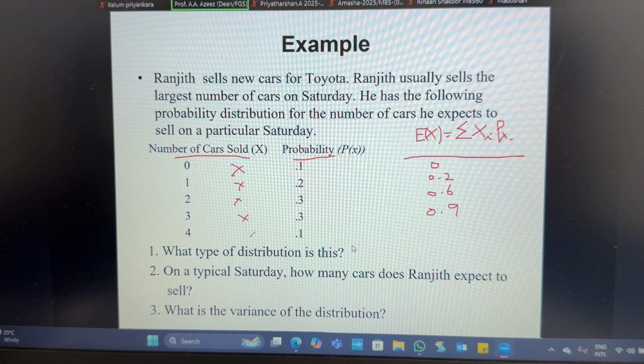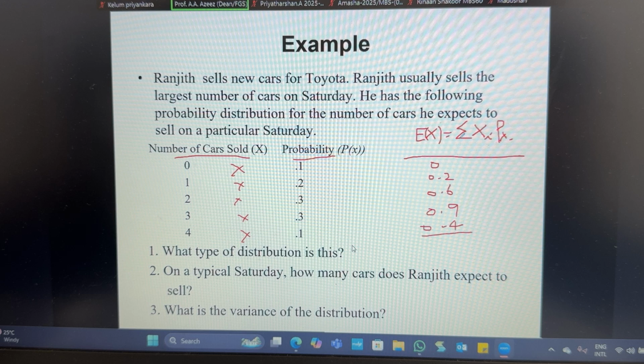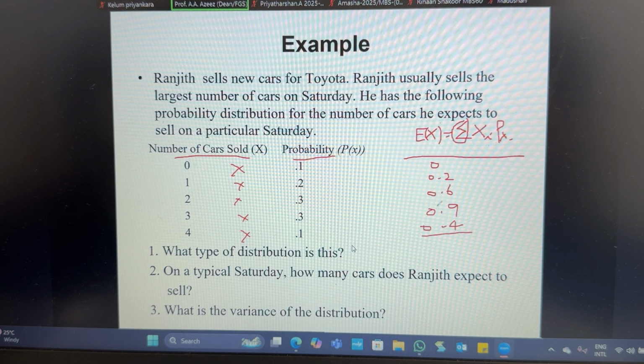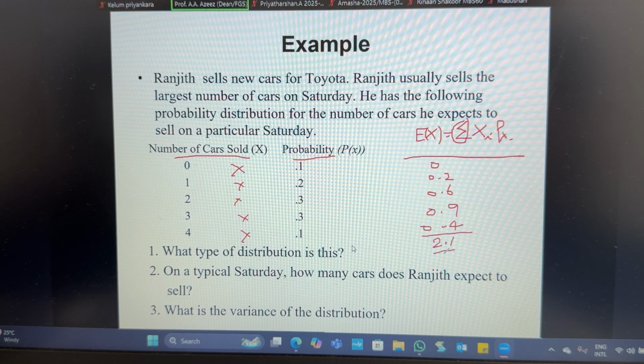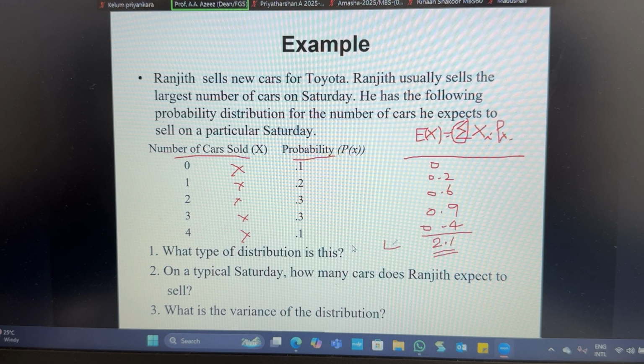Then the next one, 4 times 0.1, 0.4. Then when you add, you have a summation here. When you add, you get 2.1. So this is the E(X).